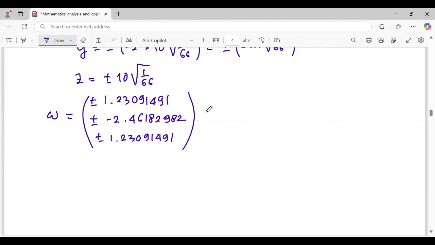Or we can write it like this, plus or minus 1.23091491 times (1, minus 2, 1).